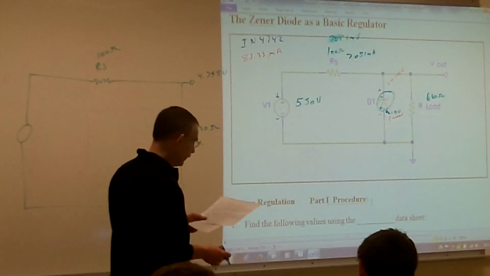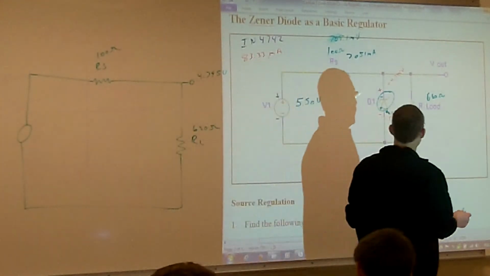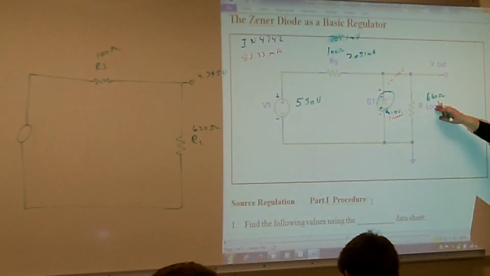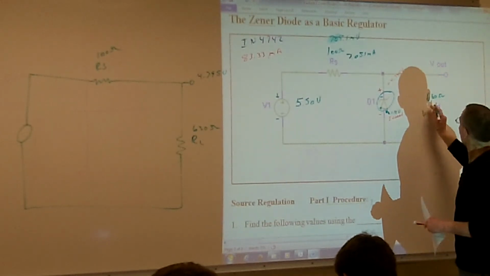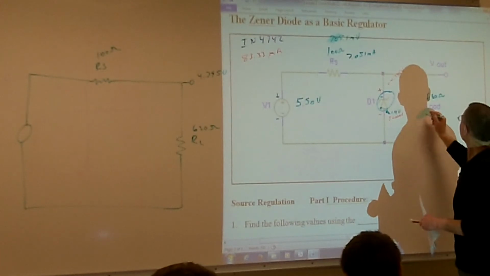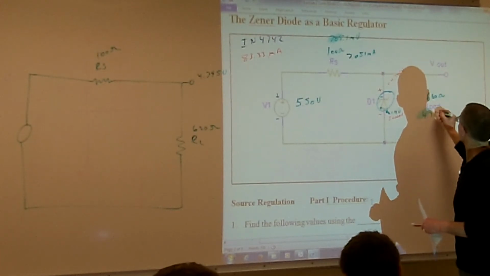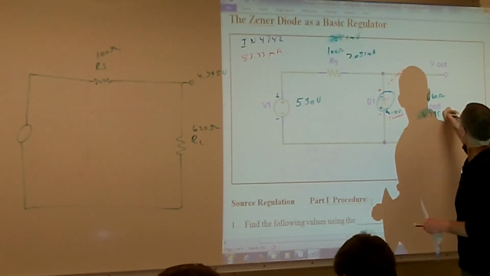What's going to be the current across my load? To calculate that, I need to get my voltage. What's my voltage across my load? The 4.795. Right. So the voltage across my load is going to be 4.795 volts.